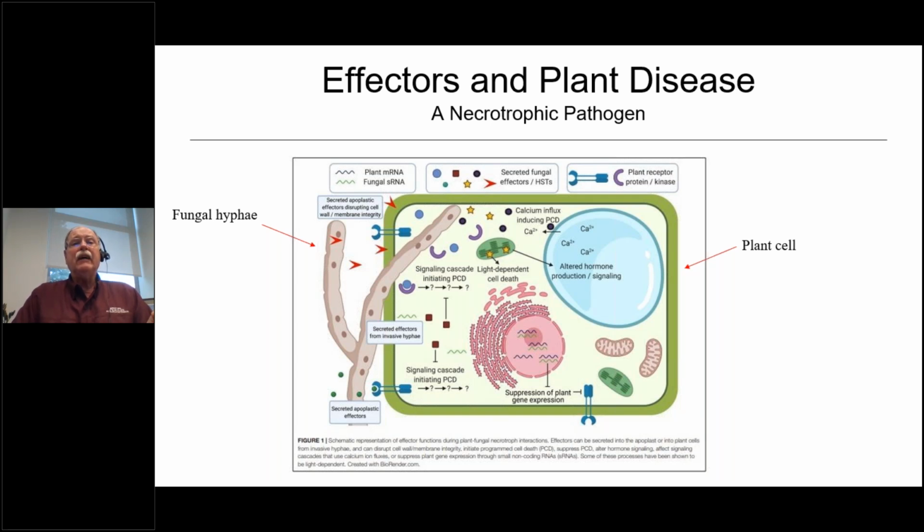It will be antifungal, maybe break down the fungal cell walls with chitinases. Remember when we talked about fungi last Thursday, we talked about the fact that chitin is in the cell walls of true fungi.